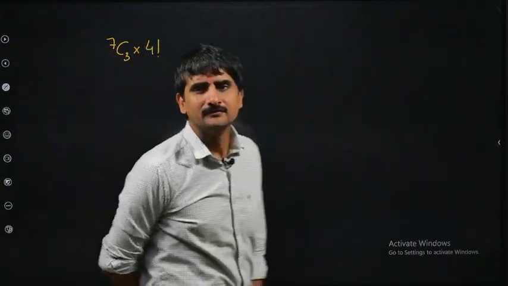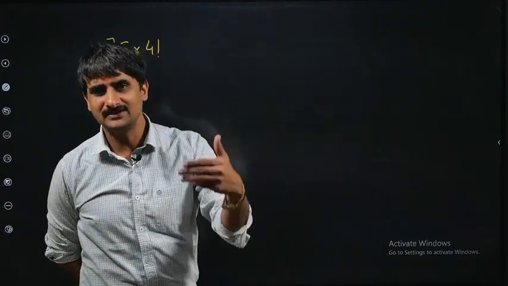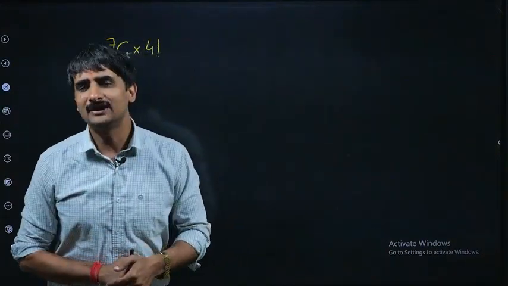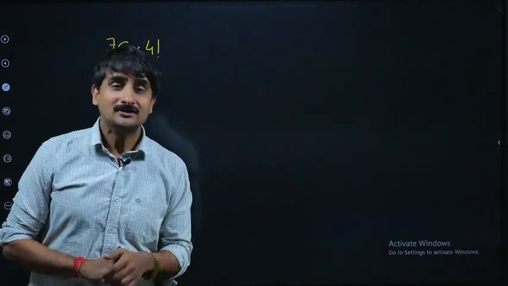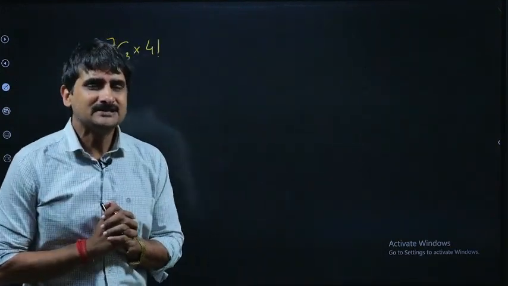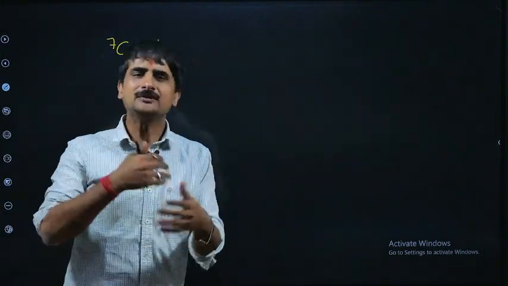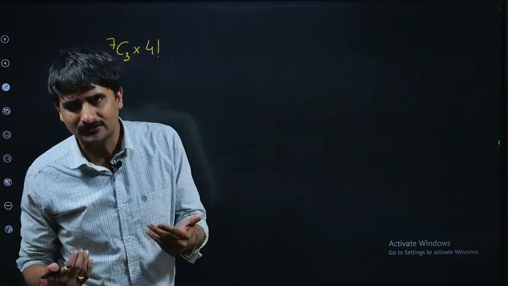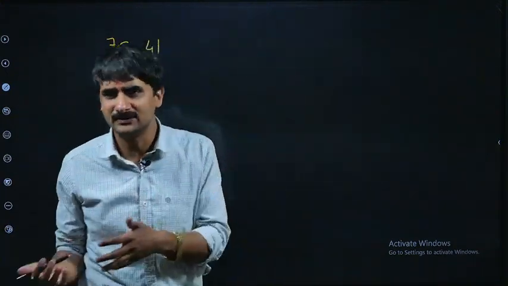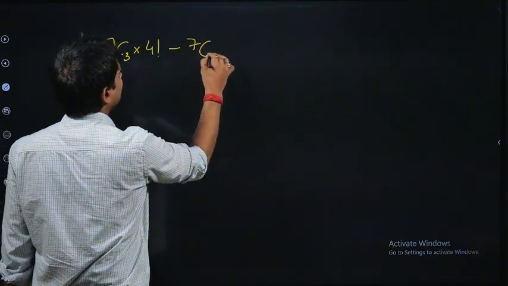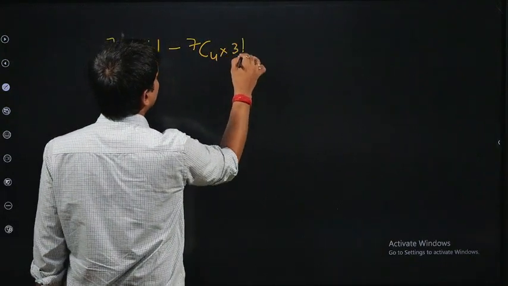Now what is it? 7c3 into 4 factorial means when at least 3 out of 7 occupy their own place. Now see, why am I saying at least 3? Because when we are arranging the remaining 4 in 4 factorial ways, it may happen that out of those remaining 4, 1 may go to its place, 2 may go to its place, and so on. Now from that I will subtract, so I am trying to apply the inclusion exclusion principle.